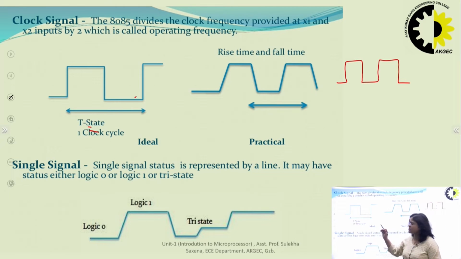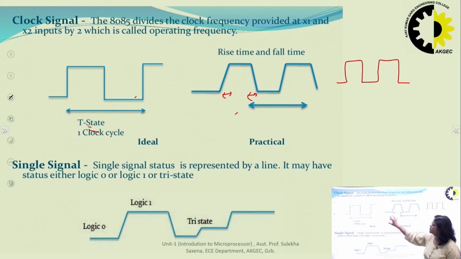Since practically it is not possible that the signal reaches from 0 to 1 without any delay, there is a finite rise time or fall time, and hence the practical clock cycle will look similar to this diagram.